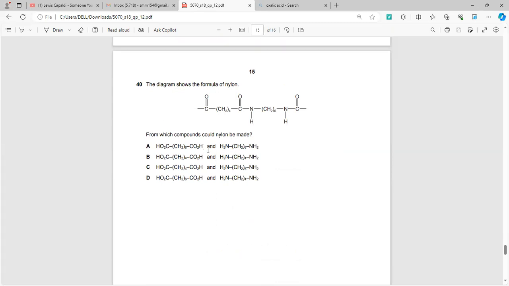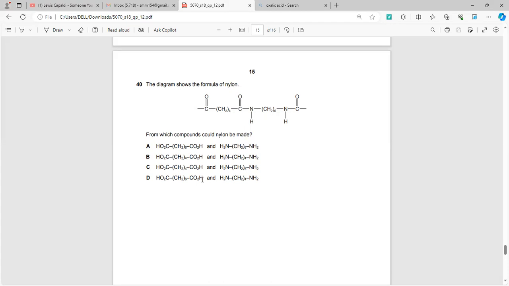For example, OH is always lost from the carboxyl group, and hydrogen is always lost from the amide group, or in the case of alcohols from the hydrogen of the OH group. So I hope it's clear that the OH group is always lost from the carboxyl group.